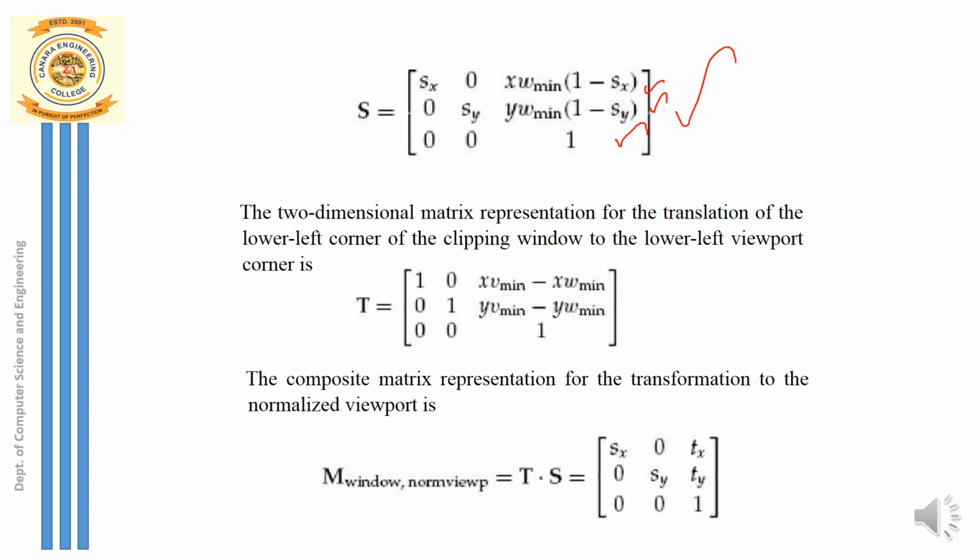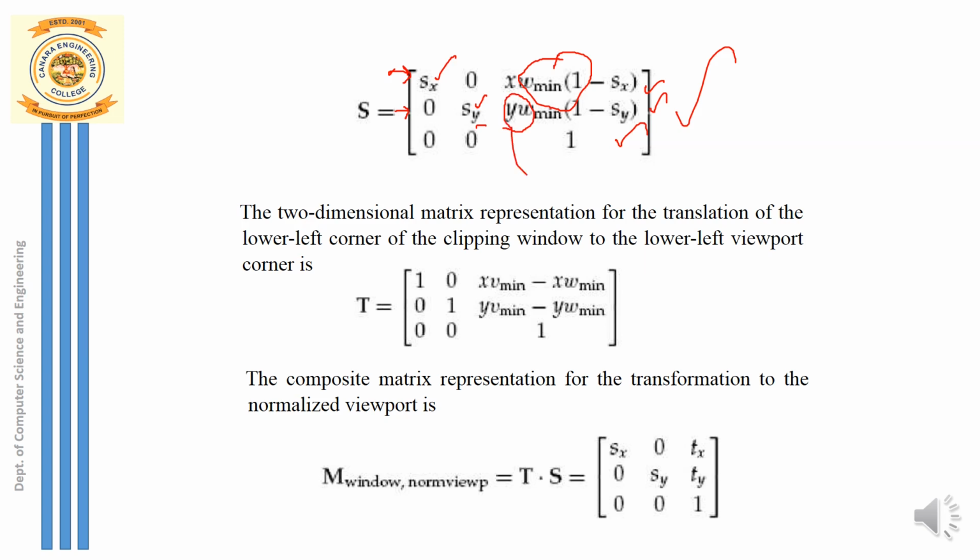So I call this simply a two-dimensional scaling matrix where the z value is equal to 1. Along x the scaling factor is sx, along y it is sy. The first row indicates scaling along x, the second row indicates scaling along y, with sx and sy on the diagonal.